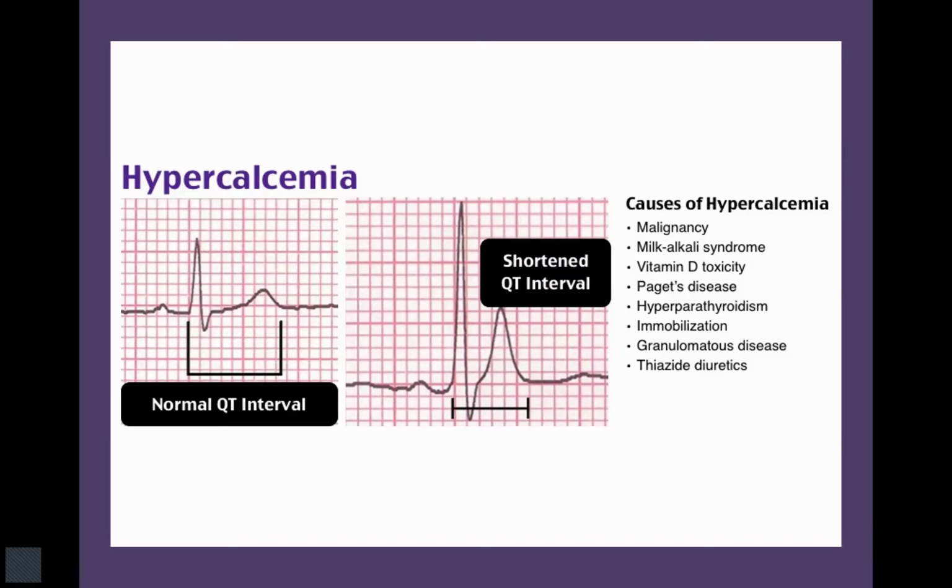A disease of bone remodeling, which is called Paget's disease. We talked about thyroid disease, prolonged immobilization, like someone who is in bed for a long period of time and they start to have bone resorption. Some types of granulomatous diseases, and that's kind of an all-in-one, but also thiazide diuretics can cause it.